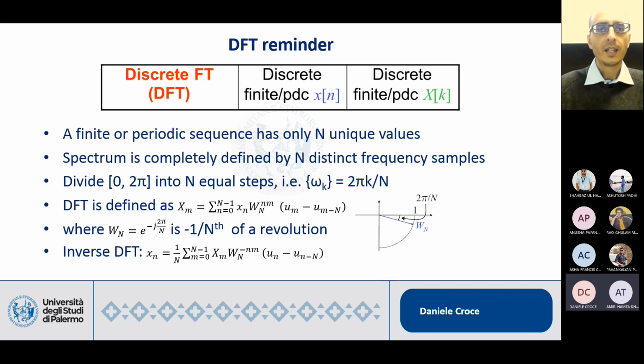So for both finite or periodic sequences, we will only consider the distinct values, for example, capital N, if the support is capital N, or if the main period is capital N. So the spectrum is completely defined by N distinct frequency samples. It makes no sense to have more than N, okay? Because you only have N samples, okay?